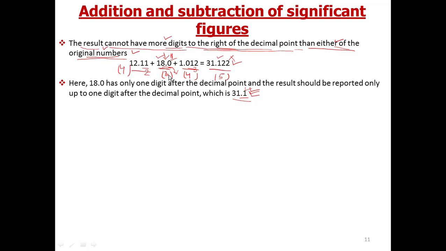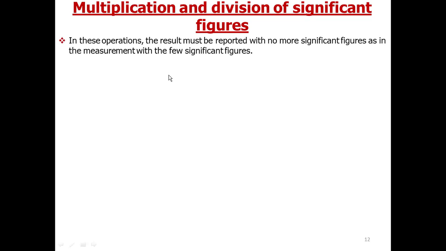So when we have to do multiplication and division of significant figures, what we have to keep in mind is that the result must be reported with no more significant figures than the measurement with the fewest significant figures. Suppose we have to multiply 2.5 and 1.25. The result is 3.125.